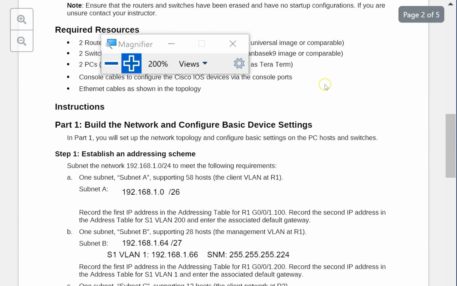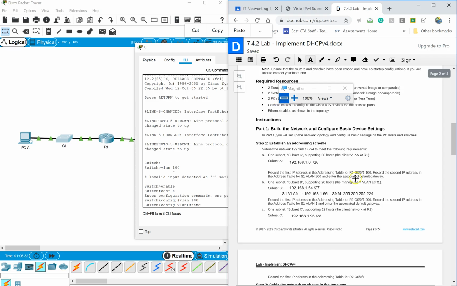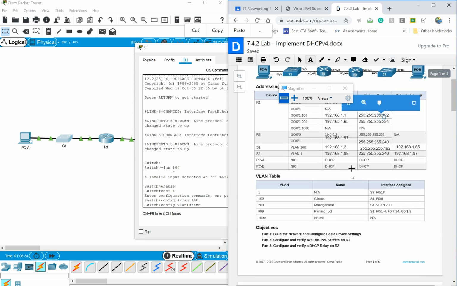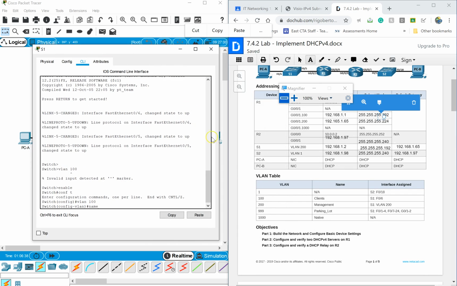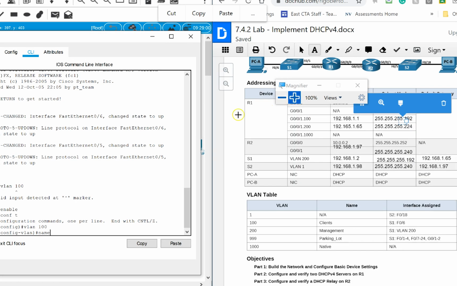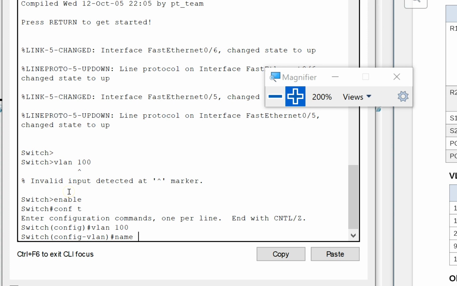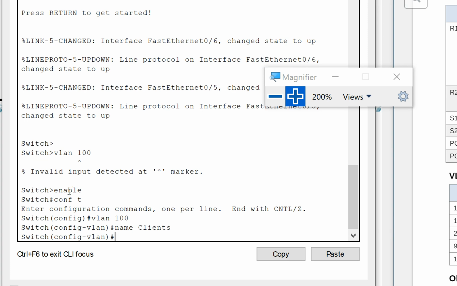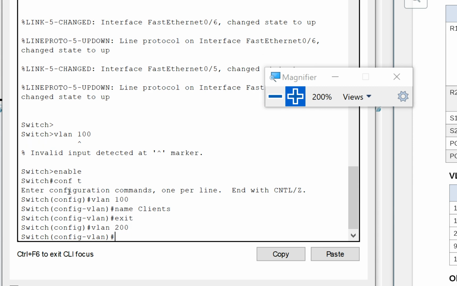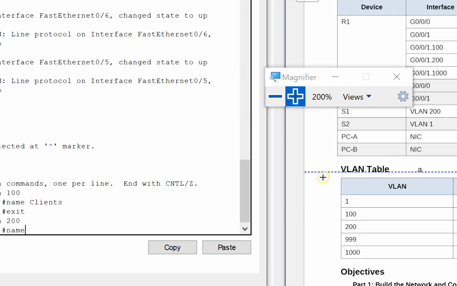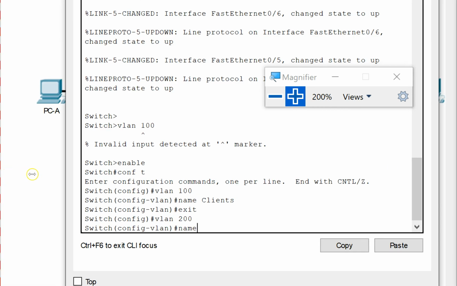This is really messing me up with the zoom. All right, there we are. I see here that VLAN 100 is clients. So name clients, exit, VLAN 200, name, and that is management.